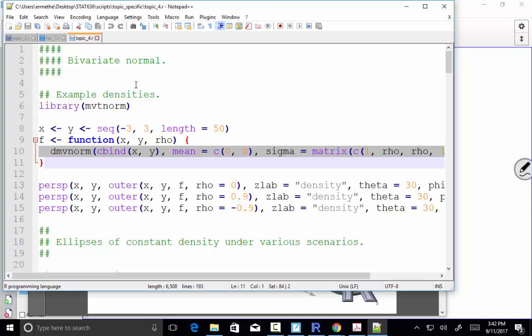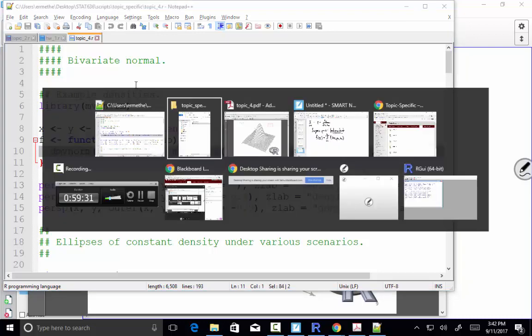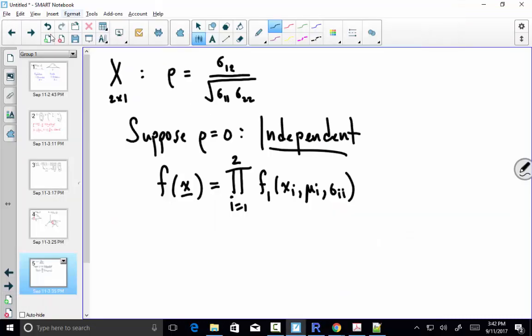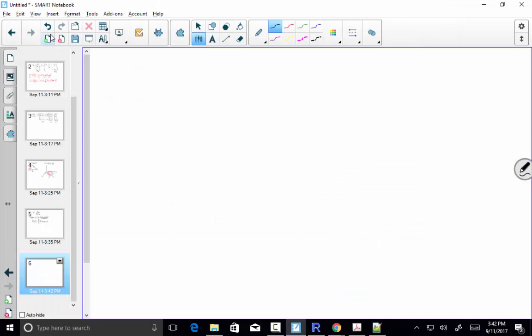FYI, in R, suppose we want to do normal-related calculations. Built into R are these functions: rnorm, dnorm, pnorm, and qnorm. The norm indicates univariate normal distribution.